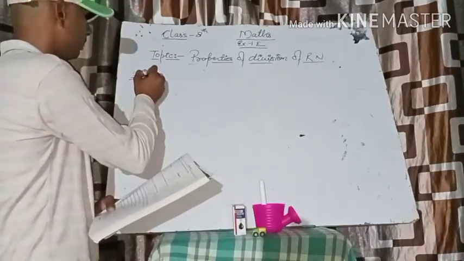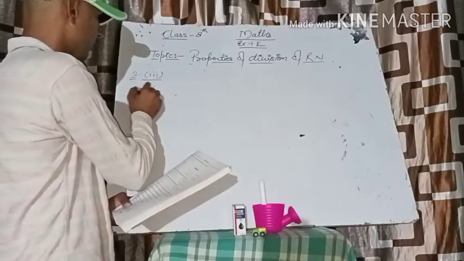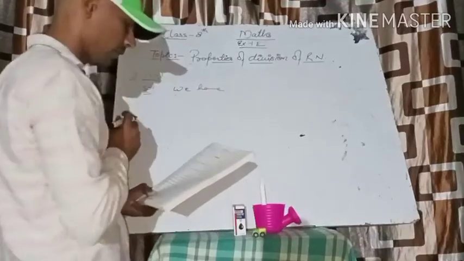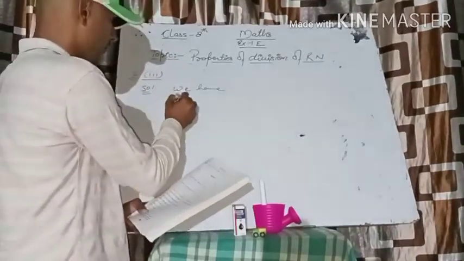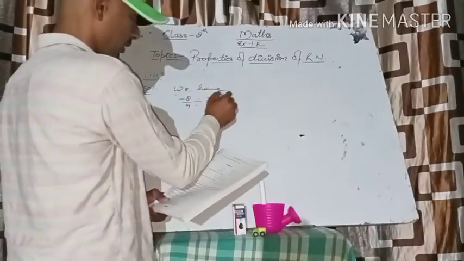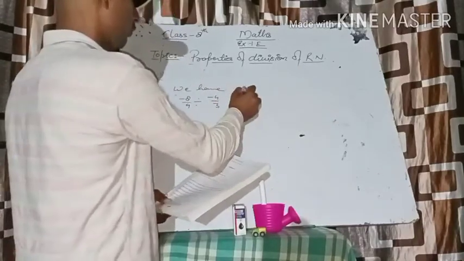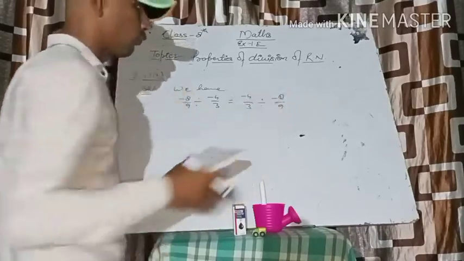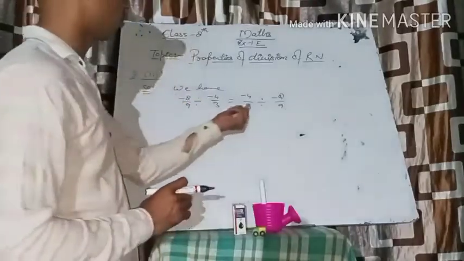Now in question number 2, we are doing the third part. We have minus 8 by 9 divided by minus 4 by 3 equal to minus 4 by 3 divided by minus 8 by 9. We have to verify whether this is equal to this or not.